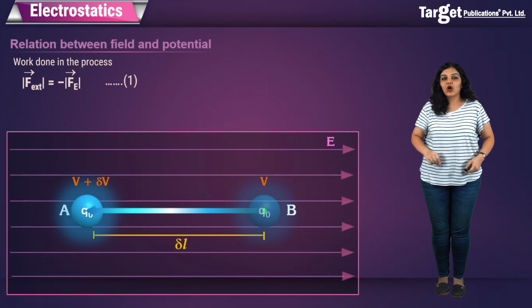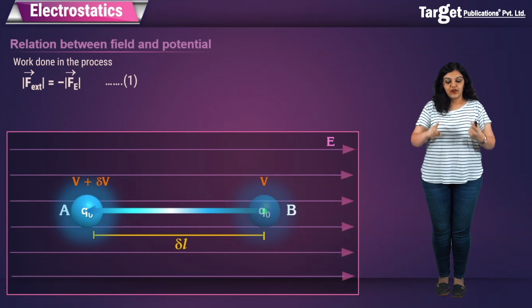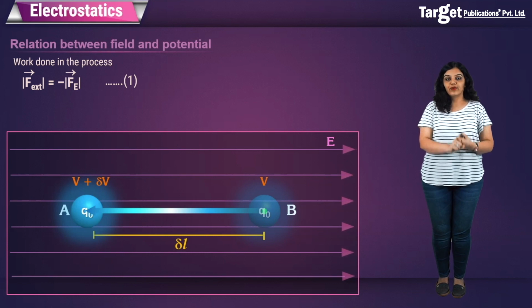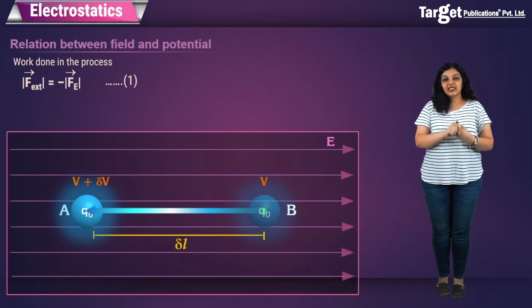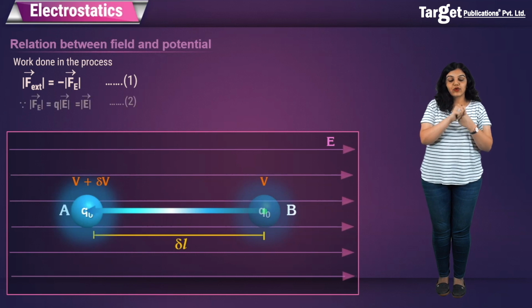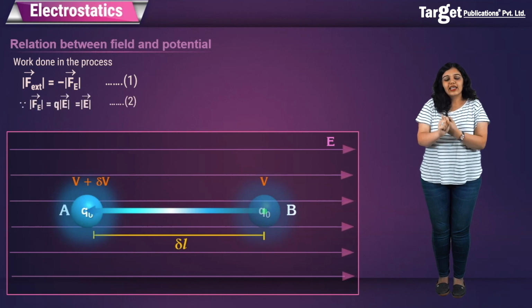So if I ask you what is the work done in this process, first of all, work done is given by force into displacement. But since it's a unit positive test charge, I know force is Q into E, and Q is simply 1 because it's a unit positive test charge.